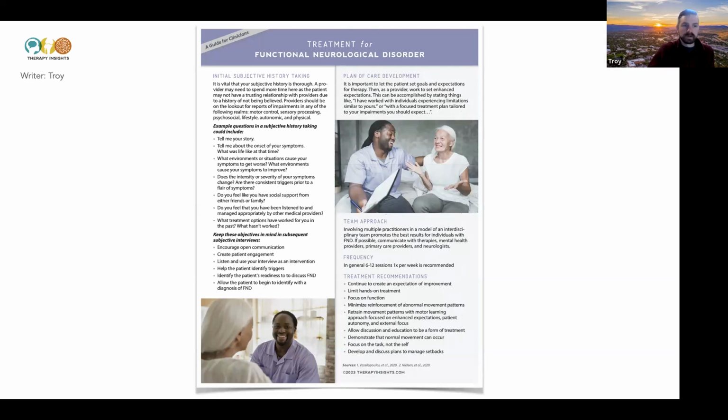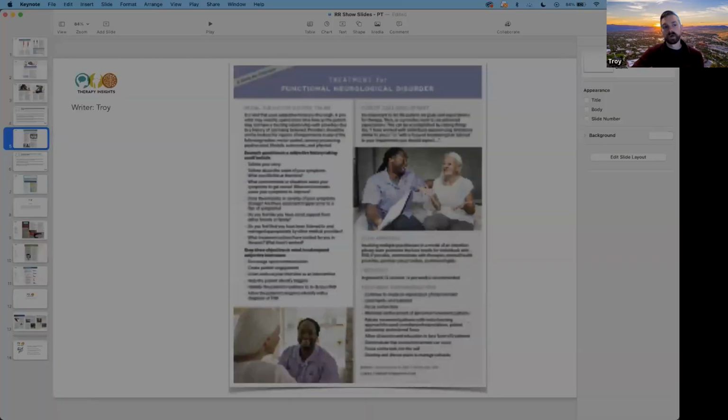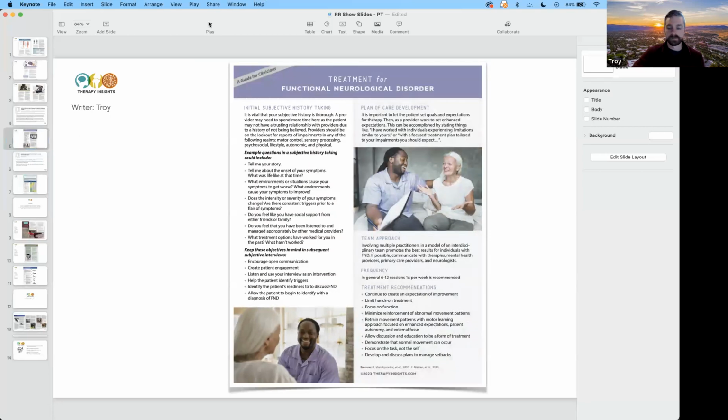I know Mayo Clinic has an FND clinic where they focus on these types of things in a big interdisciplinary approach that has had pretty good success in terms of people getting better. But right, they're going to have to travel to Rochester or whatnot to experience some of that.